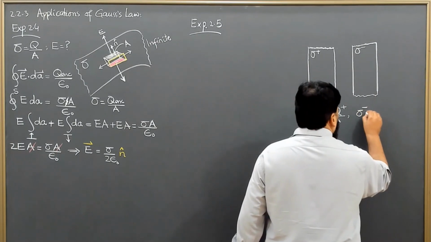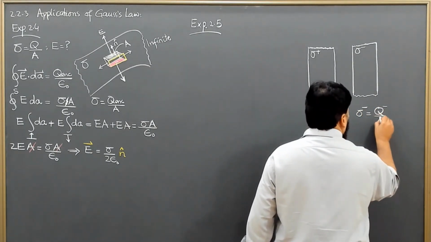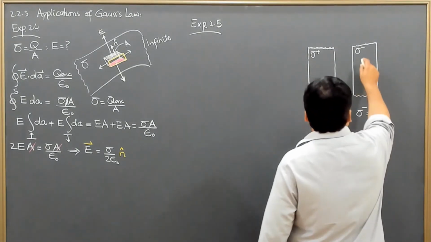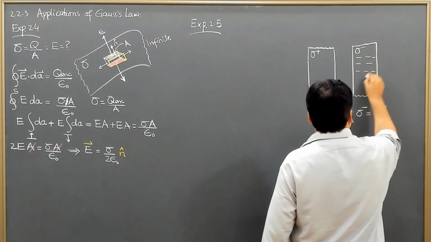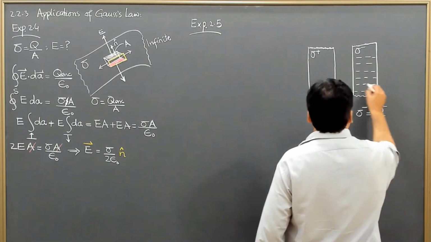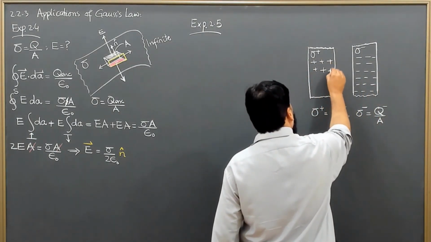While sigma minus means that this is Q minus divided by A. Negative charge is there on this plate. So we are having negative charges here and positive charges here.